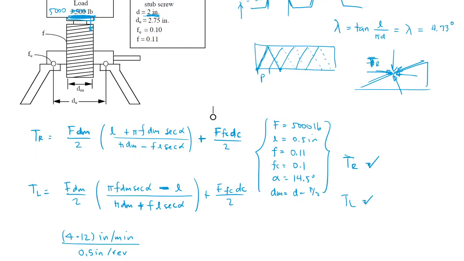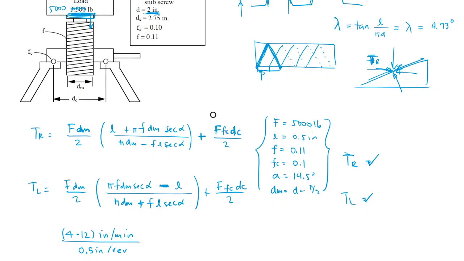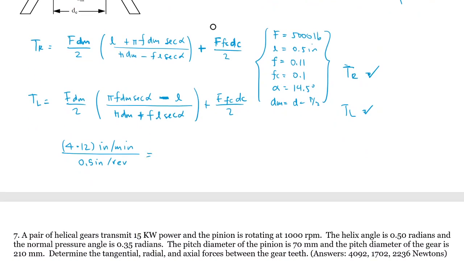Because that's the lead. Each full revolution will make this thread go down a lead, which is the 2 pitches, because it's double threaded, right? And you're done. 96 revs per minute. Right? That's C. And then D.